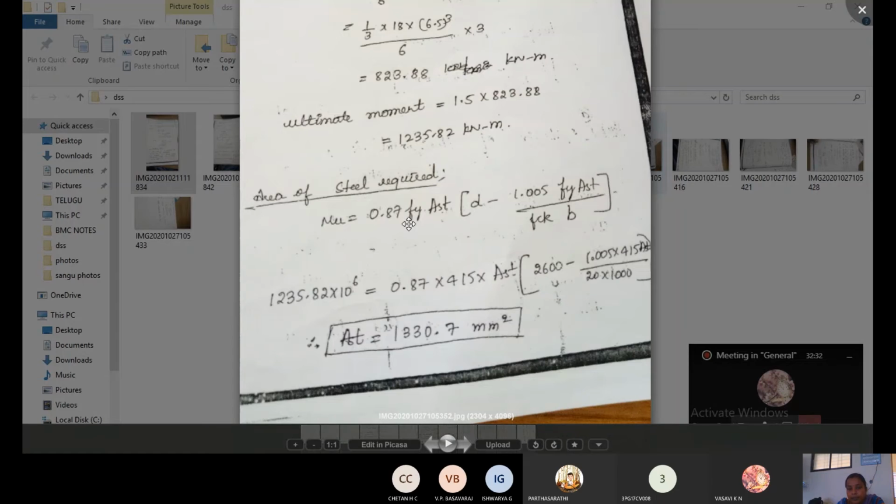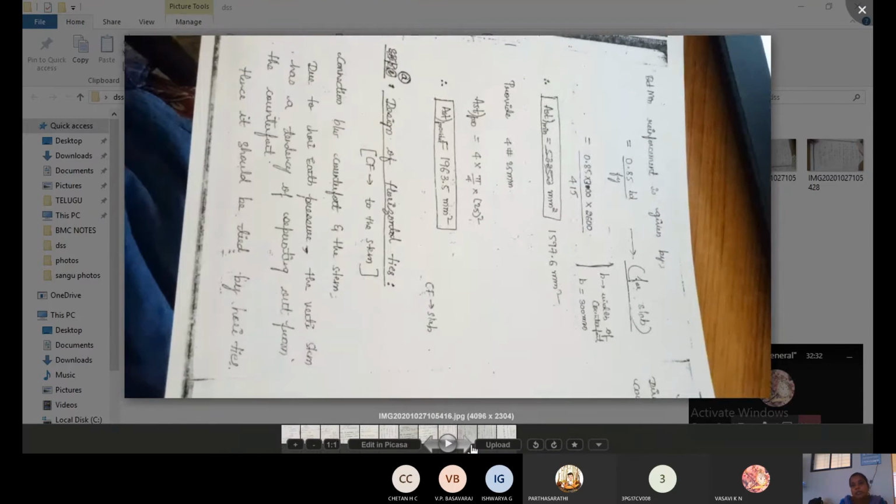So 0.87 into Fy is 415 into Ast, d is 2600 as we calculated above, then 1.005 Fy is 415, Ast we don't know, fck is 20, b is 1000. If you do the simplification using a calculator, you will get Ast is equal to 1330.7 mm square.